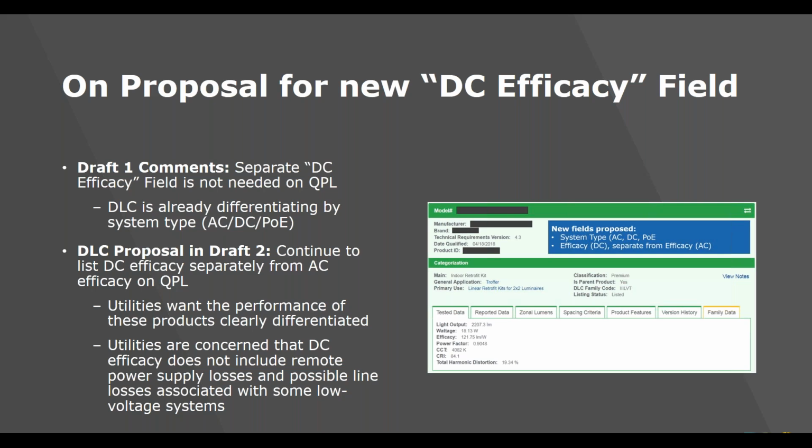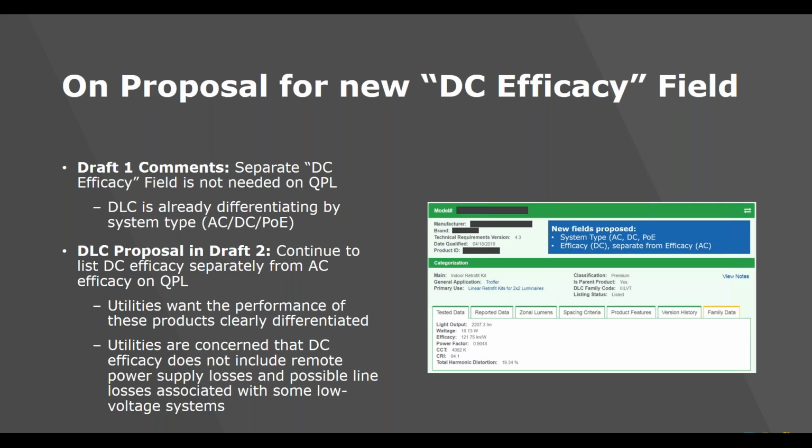The other concern they had, they're really concerned about these things not really being apples to apples comparisons, DC efficacy and AC efficacy, where with DC systems, the DLC is testing at the luminaire, and the DC and PoE systems bring these other potential losses into the system, not with all of them, but with some of them, with remote power supplies and line losses with some low voltage systems.